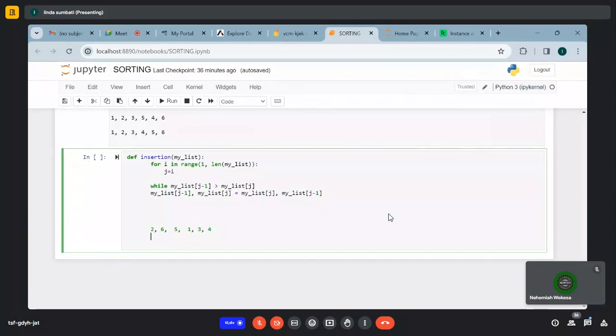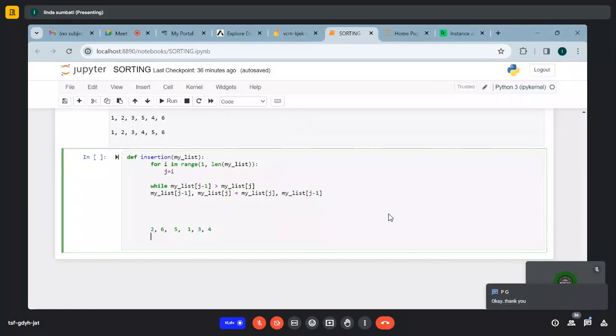So we are saying for every element in the range of my list from the first index, that is not index 0 now, index 1. Yes. Index 1 to the length of that list. Now, j will be equal to i, that is equal to that element. Exactly. j will be equal to that index 1, which is number 6 in our example.